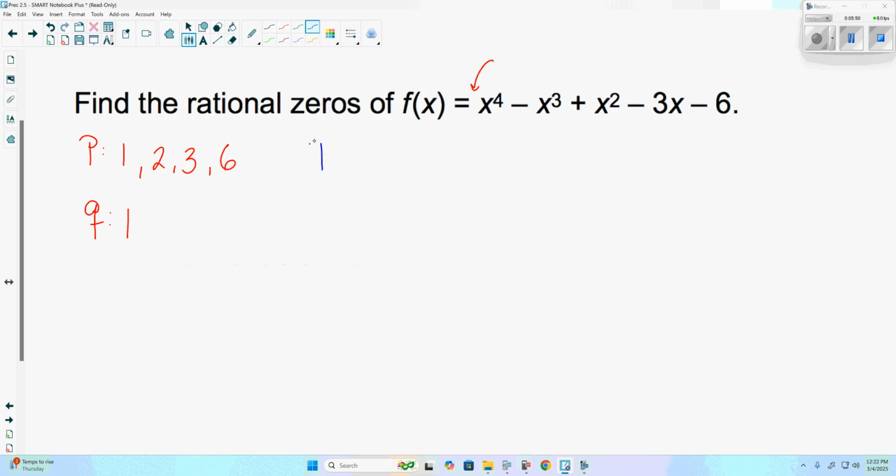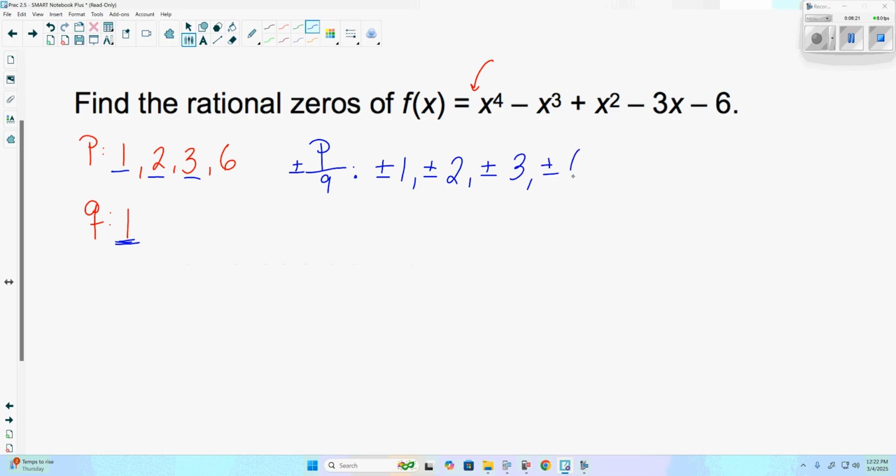Now to find the rational zeros, we're looking at plus or minus P over Q. So we're going to divide every factor of P by every factor of Q. Here I find it's always good to start with the first value of Q, which is just 1. Well, 1 divided by 1 is 1. 2 divided by 1 is 2. 3 divided by 1 is 3.